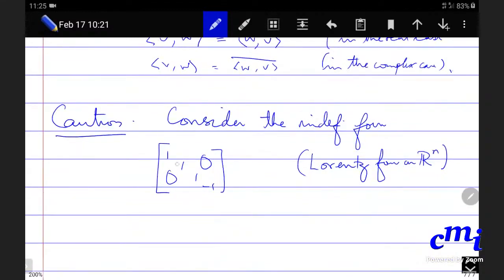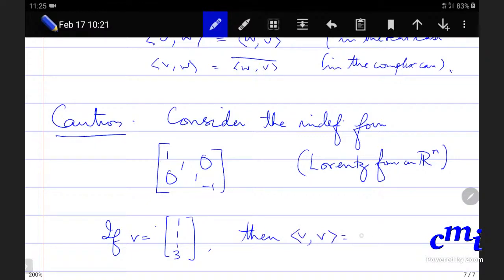If we take the vector V as 1, 1, 1, and 3, then V with V should be 0, right?